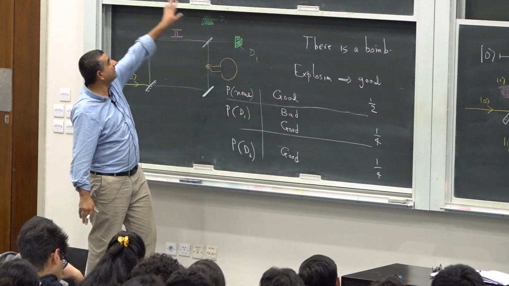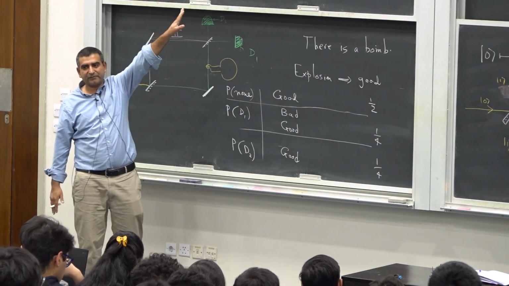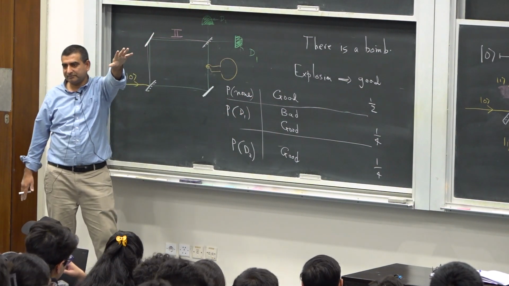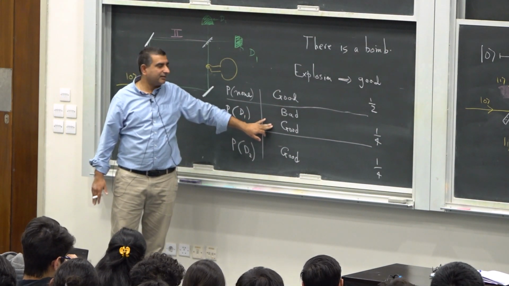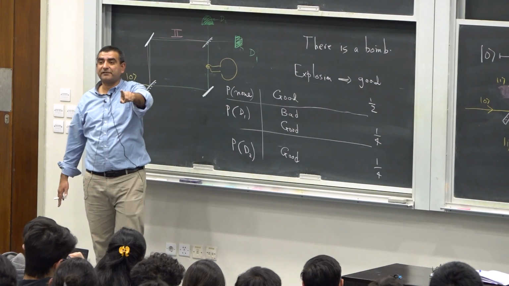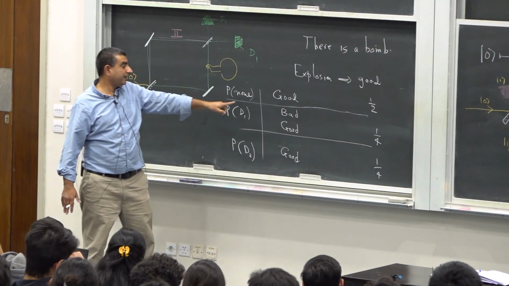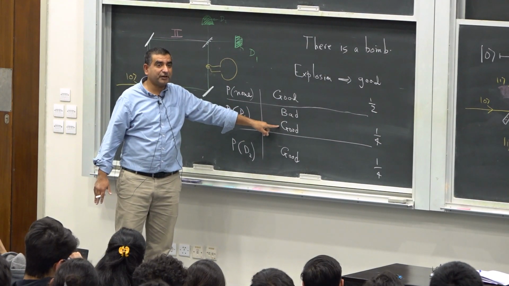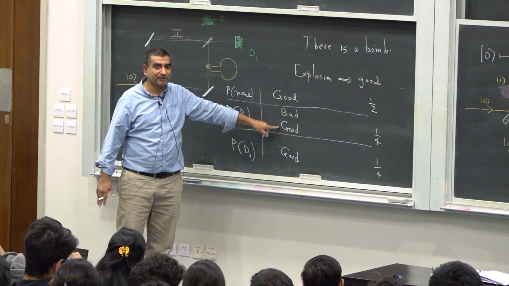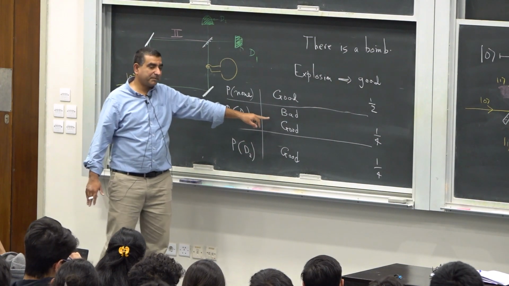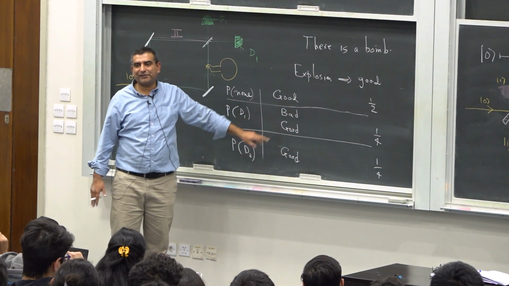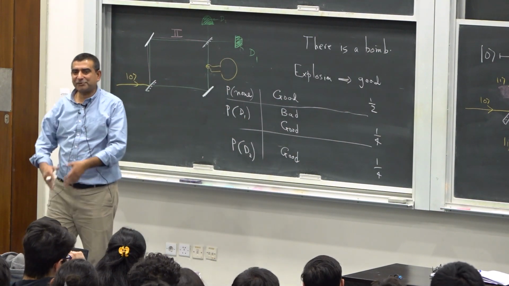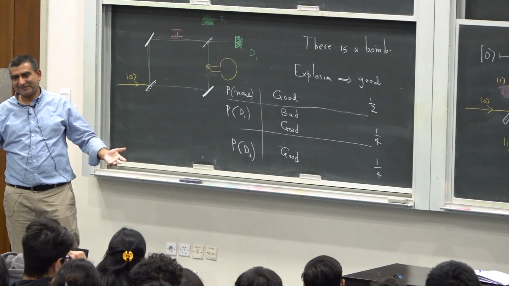Then this scenario is similar to scenario number 1 of a balanced interferometer with no obstruction placed in it. And if this detector clicks, since it remains a balanced interferometer, it could also be a good bomb, because the photon has not been absorbed and there is no explosion.